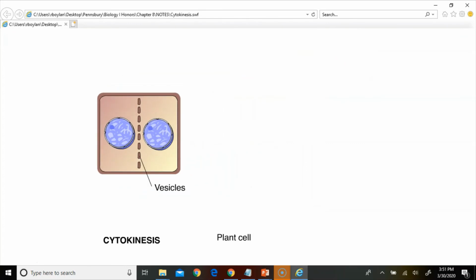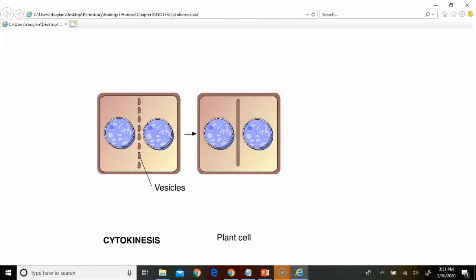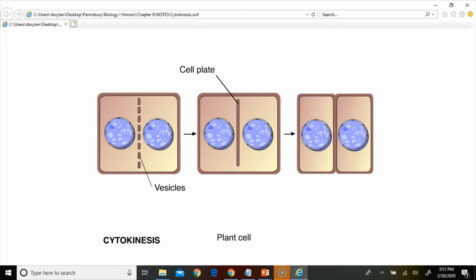The vesicles fuse, forming a large sac called the cell plate. The cell plate grows outward until its membrane fuses with the plasma membrane, separating the 2 daughter cells. The cell plate's contents join the parental cell wall. The result is 2 daughter cells, each bounded by its own continuous plasma membrane and cell wall.